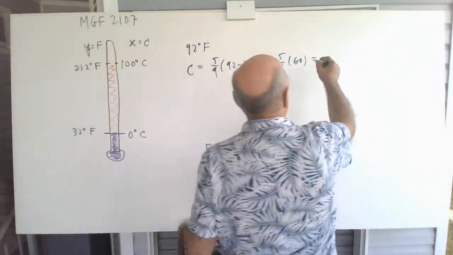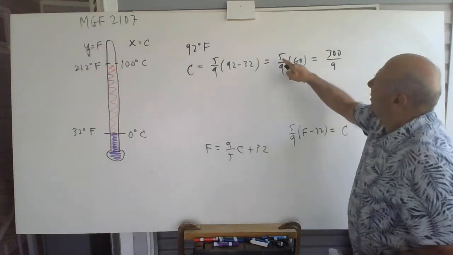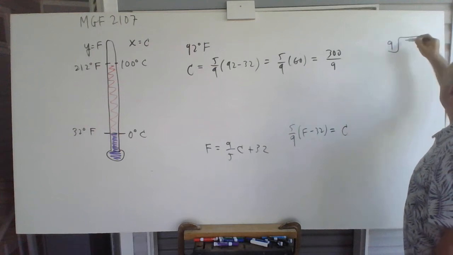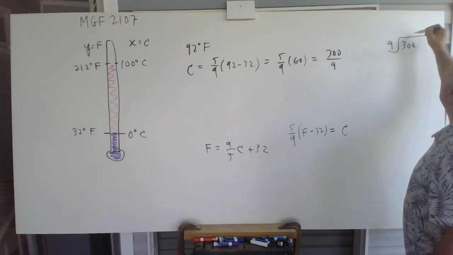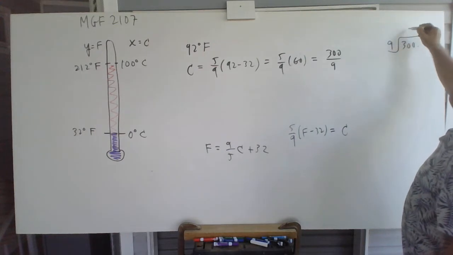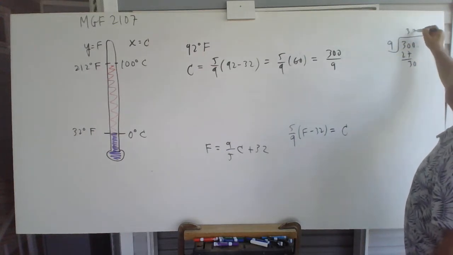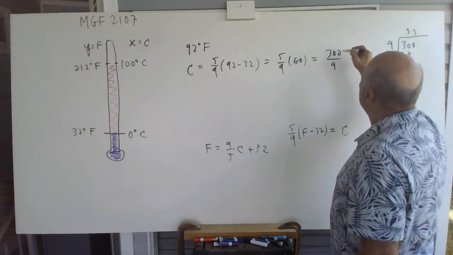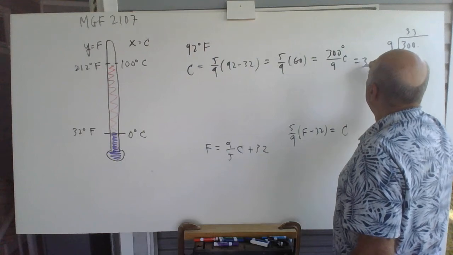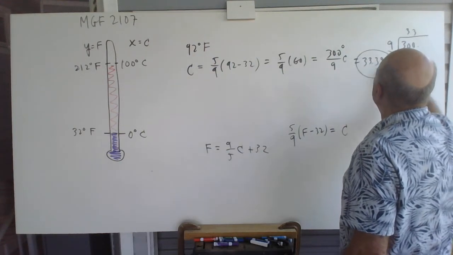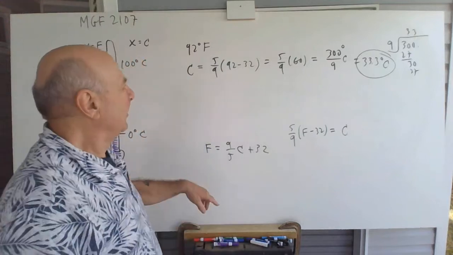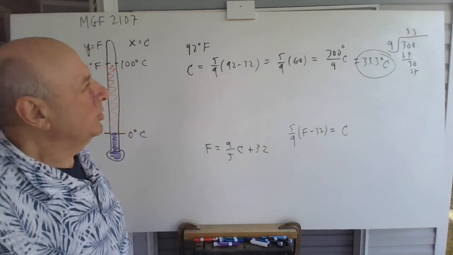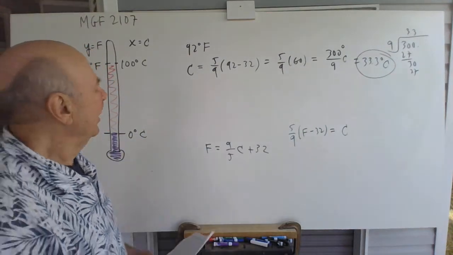So this will be 300 over 9, right? 5 times 60 is 300, and if I use long division, look at that, I get it. It's a repeating decimal. So it's approximately 33.3 degrees Celsius to one decimal place. So 300 divided by 9 is 33.33333. So it's a repeating decimal. I lucked out.